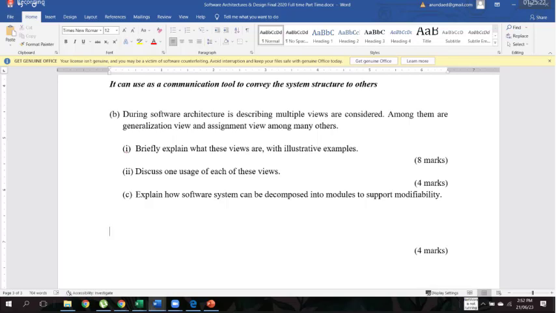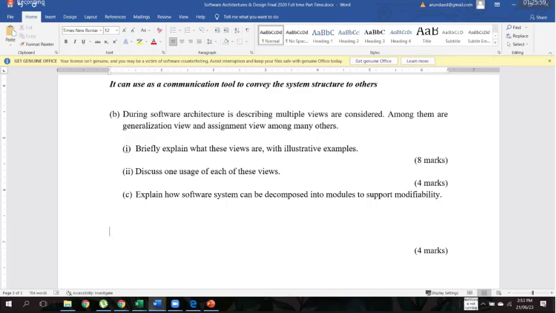If you are given a task to decompose the system in a way that helps future modifiability, it's talking about design issues.